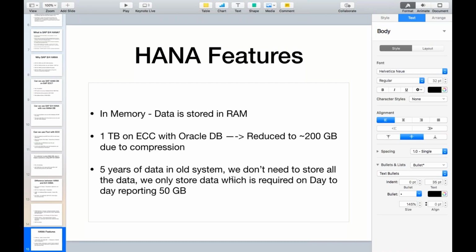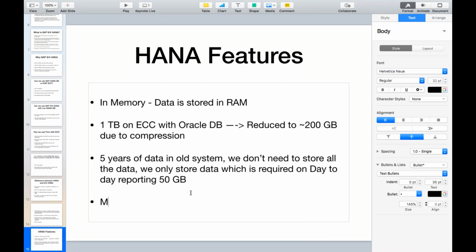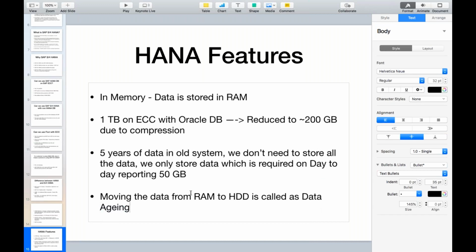So what is the term that we use for moving the data from RAM to hard disk? Moving the data from RAM to hard disk is called data aging. Okay, similar to data archiving, there is something called data aging.